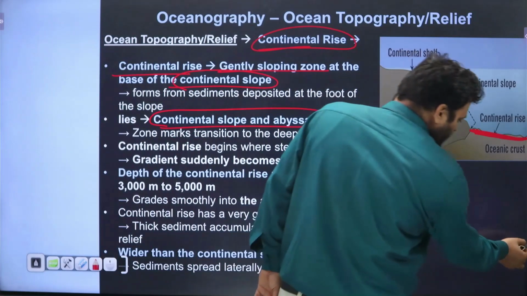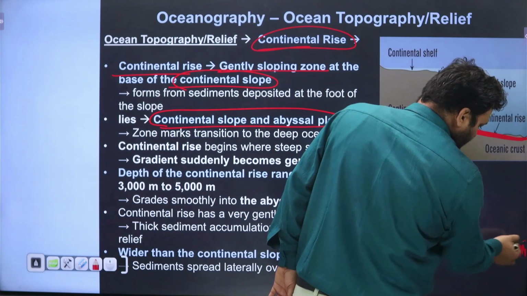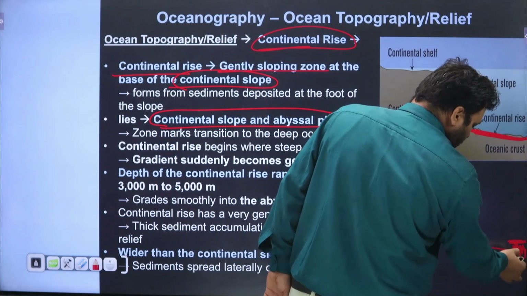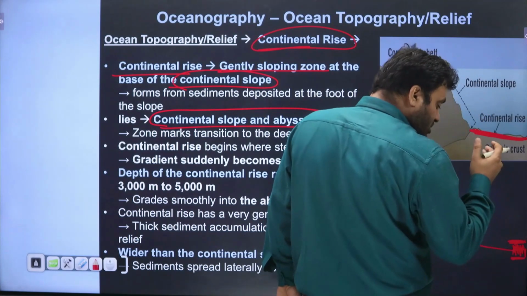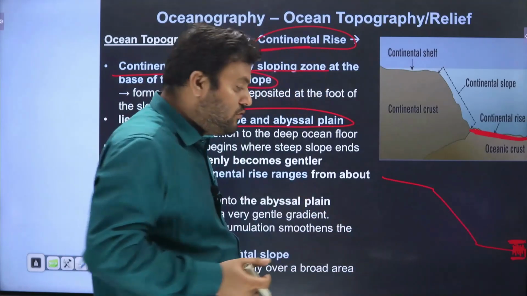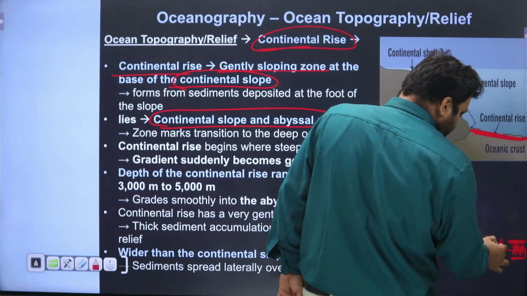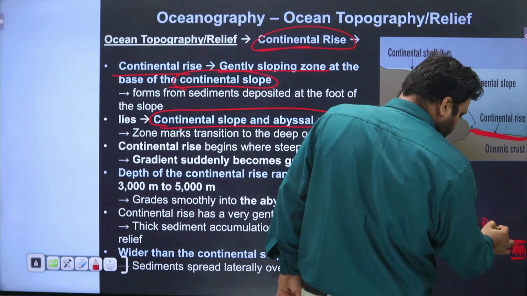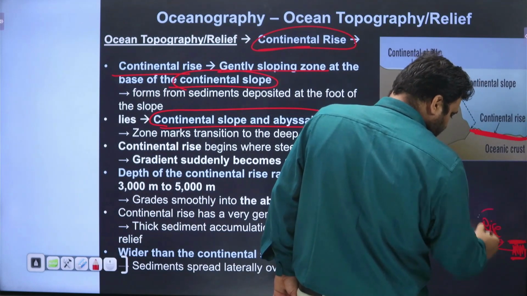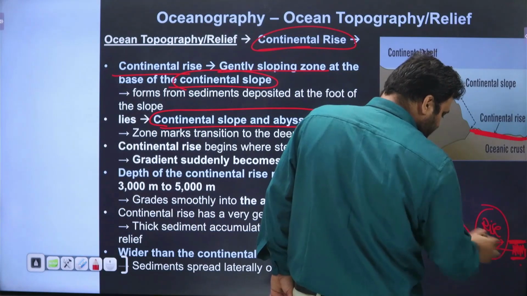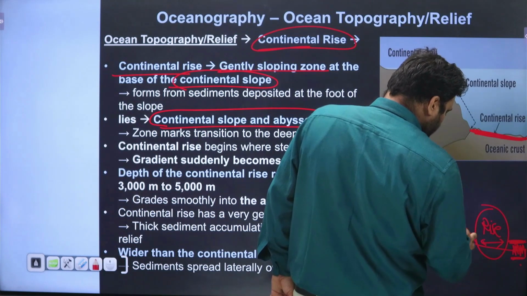Hereafter you will see the abyssal plain, a flat topographical feature on the ocean floor. And here we have the region known as the continental rise, a transition area which connects the abyssal plain with the continental slope areas.